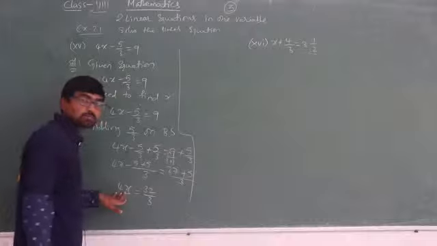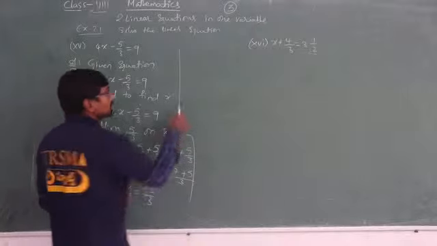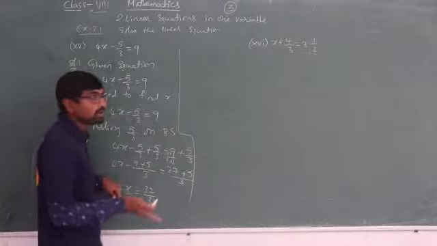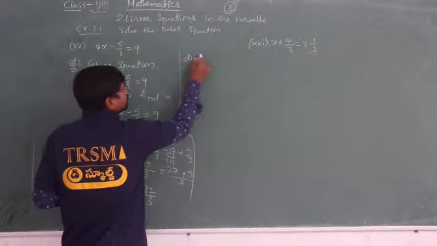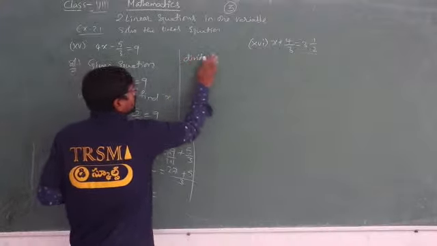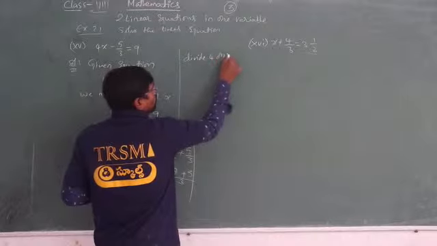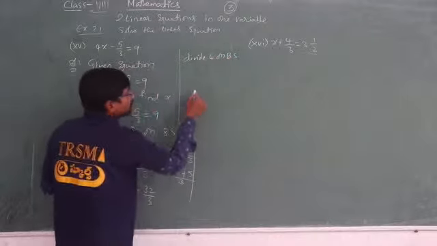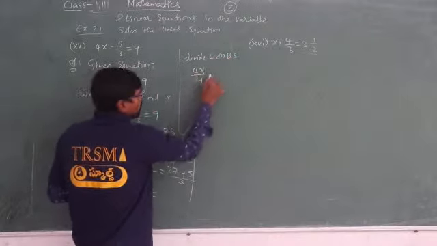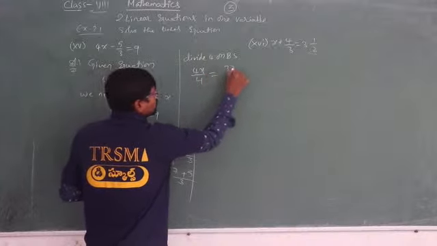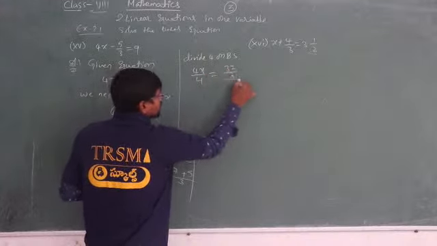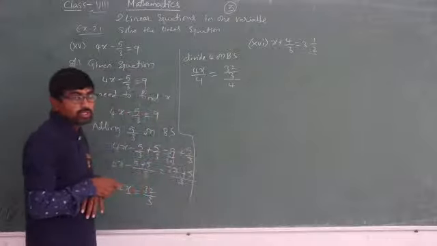As it is multiplying, we have to use the multiplicative inverse. So as it is multiplying, we have to divide. So divide 4 on both sides. So 4x by 4 equals 32 divided by 3 divided by 4, isn't it?